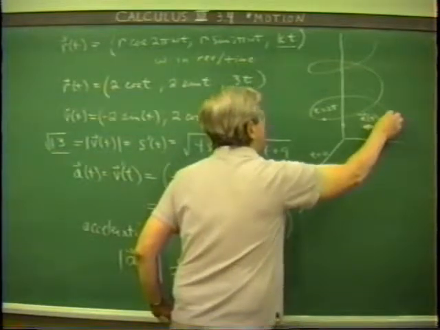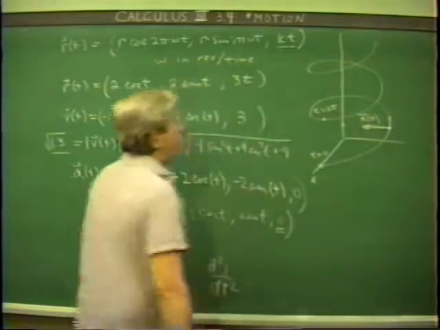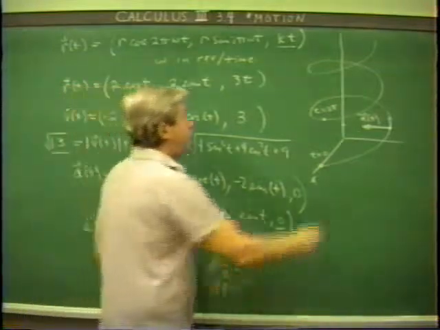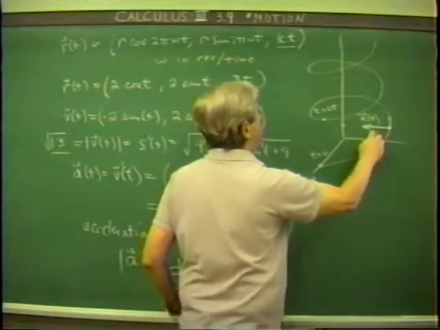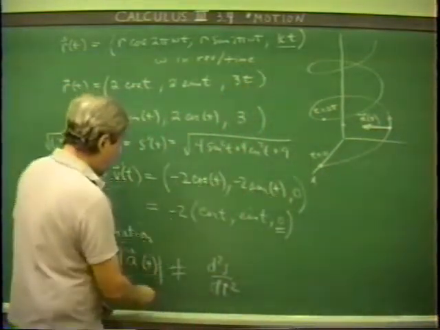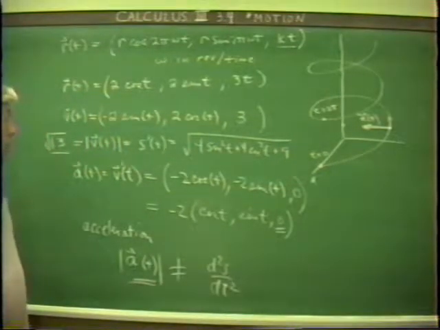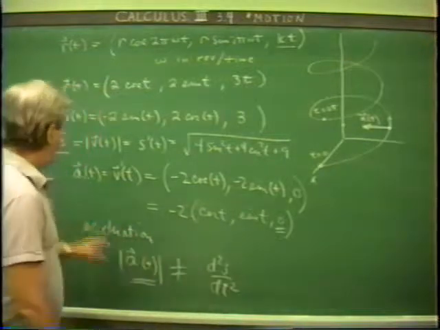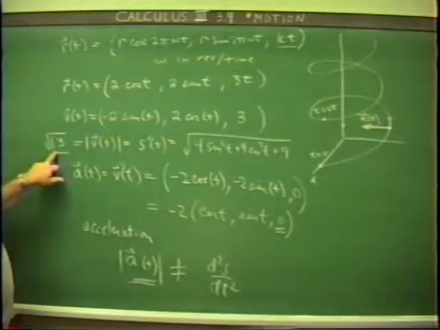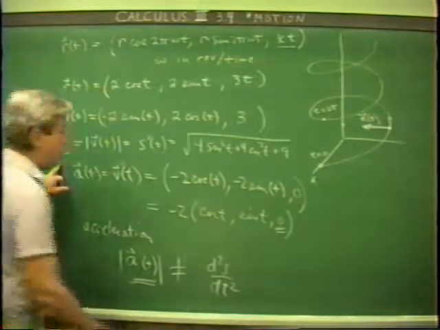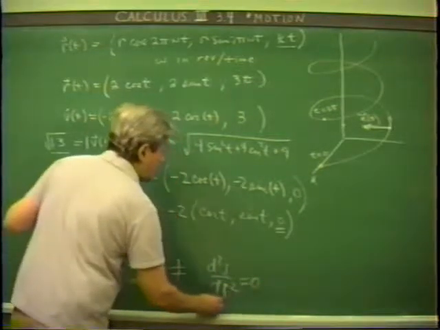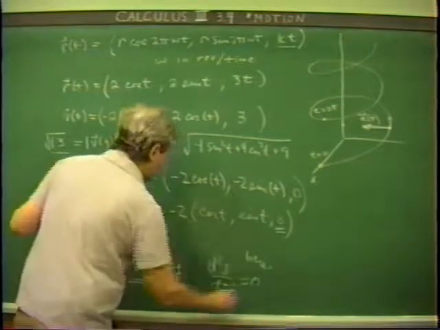However, the rate at which the speed is changing is going to determine one part of the acceleration in the direction of the curve. The other part is separate, and it's going to add to the magnitude of the acceleration here. So that here, for example, the speed is the square root of 13. The derivative of the speed is 0 in this case.